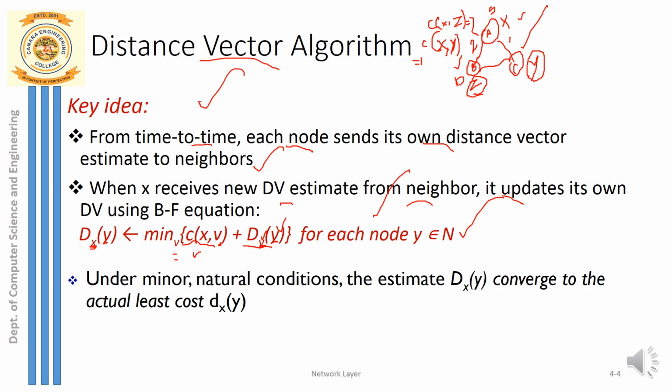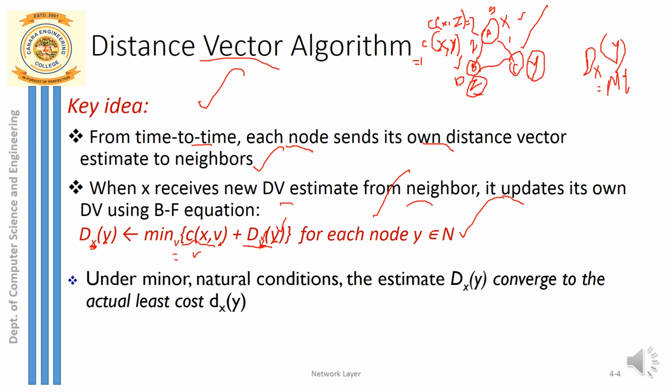So when you add those two, in my example, if I have to calculate the distance vector to reach from the source node X to the destination node Y, let me take the formula as the minimum of, so I have to calculate the minimum. Minimum of what? The cost to reach from X to the neighboring node. What is the neighboring node between X and Y? I have two paths.